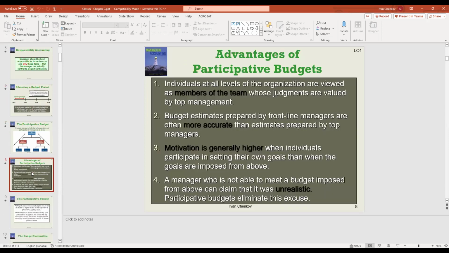What are the benefits of having this, and asking the people who are actually using the resources to come up with the budget numbers? Well, if we do that, all employees, all people at all levels of the organization, are going to view themselves as members of the team.